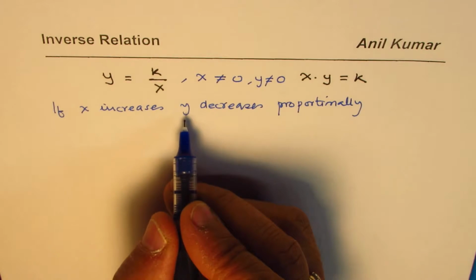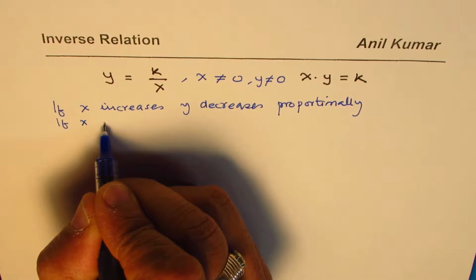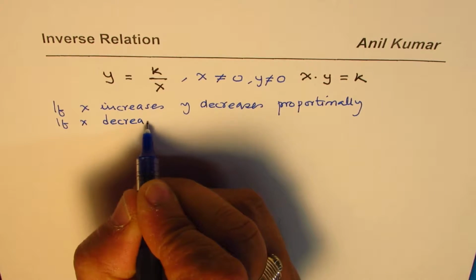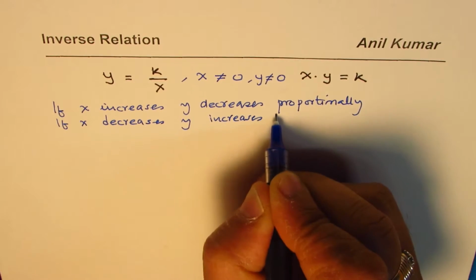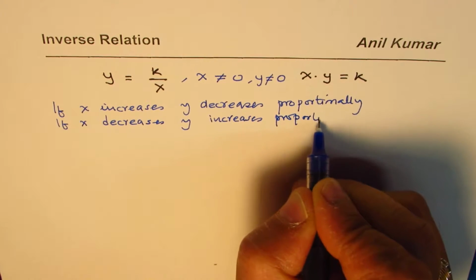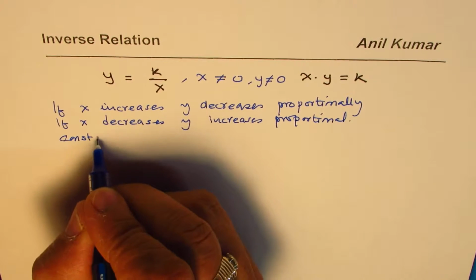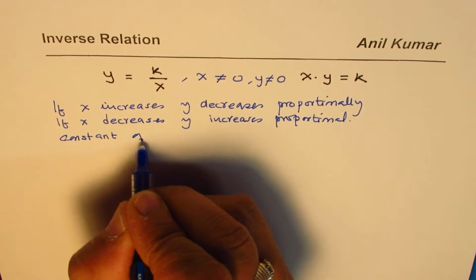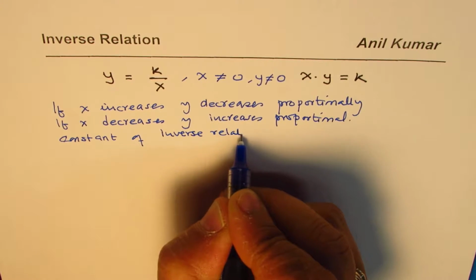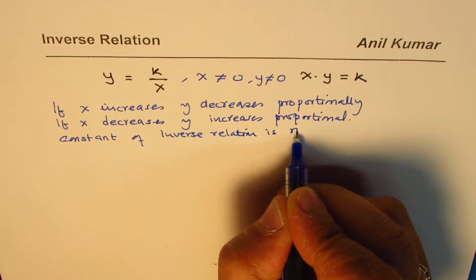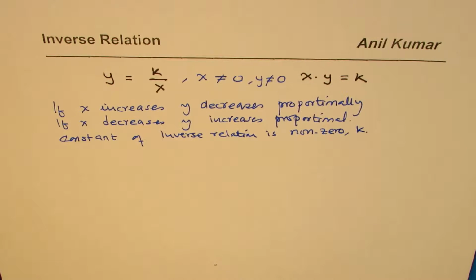So if x increases, y decreases proportionally, and similarly if x decreases, y increases proportionally, right? And the constant of inverse relation is non-zero, which you are writing as k in this particular case, right?